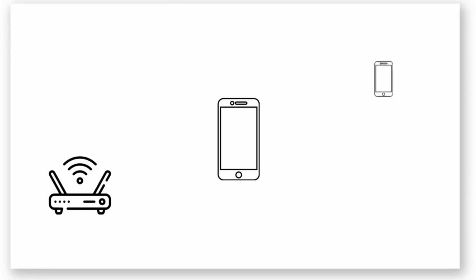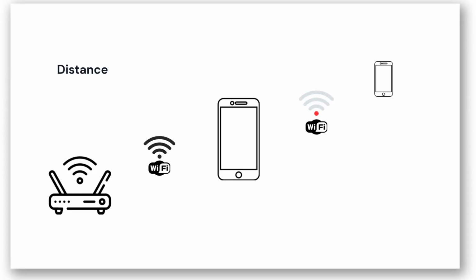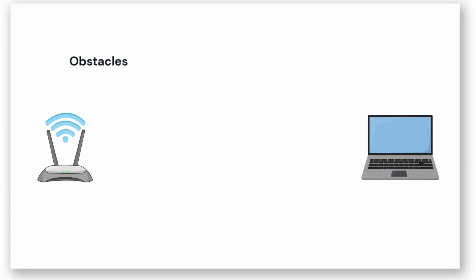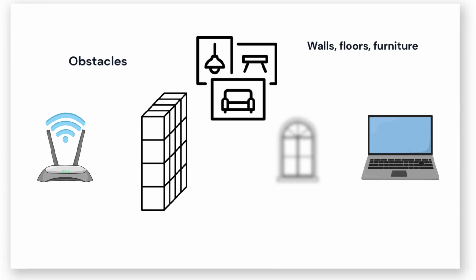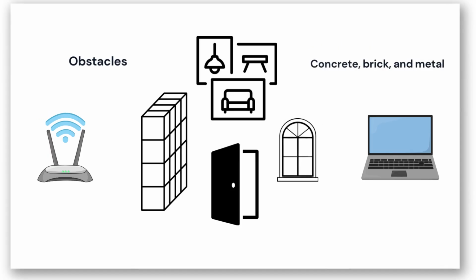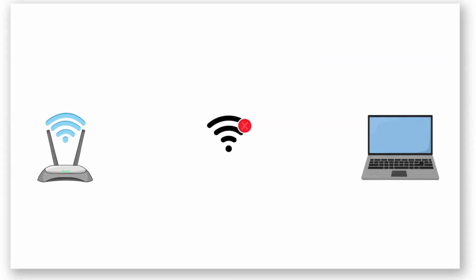If Wi-Fi is just radio, then it has the same problems as any radio signal. Distance weakens the signal. The farther you are from the router, the more the waves spread out and lose strength. And then there are the obstacles. Walls, floors, and furniture absorb and reflect the signal. Concrete, brick, and metal structures are especially unfriendly to Wi-Fi.